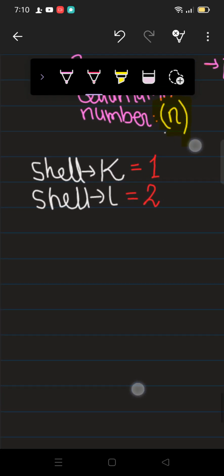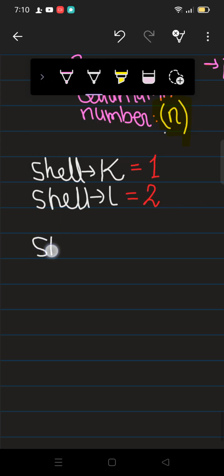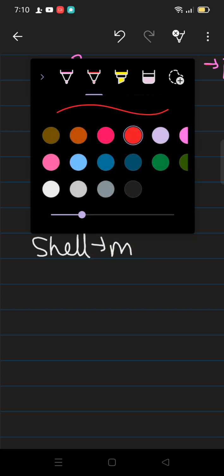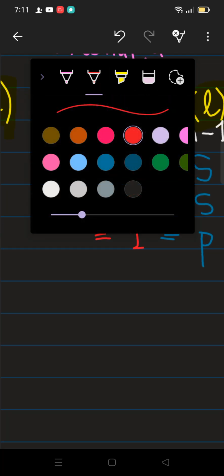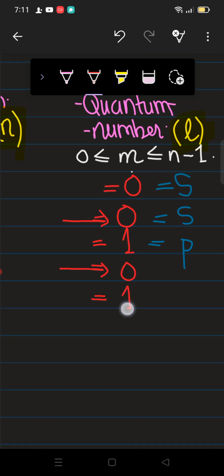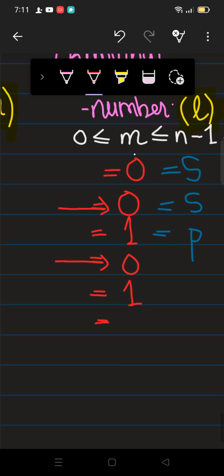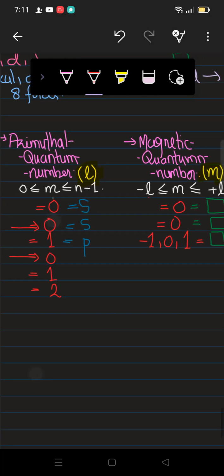So we have discussed shell number L. Now we want to discuss shell M, and M is basically shell number 3, right? Here we need to start with 0, so 0, 1, and 2 would be included as well since 3 minus 1 is 2, so 0, 1, 2, right?